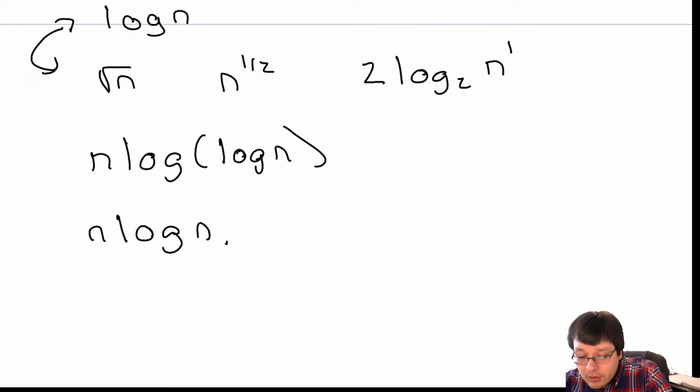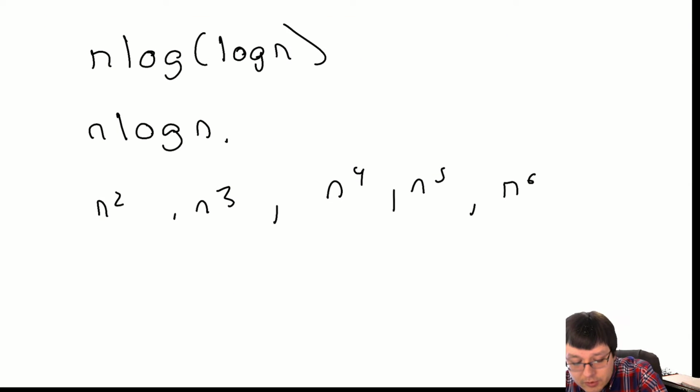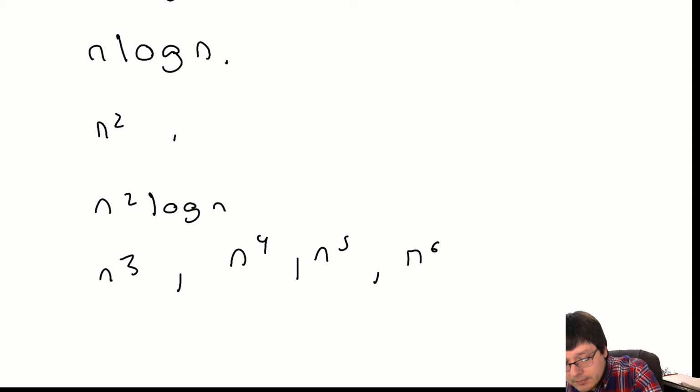From there, you can go to n squared and all the powers, n to the 4th, n to the 5th, n to the 6th, and so on. Although sometimes you will see something like n squared log n, I guess. So maybe we'll put all these down here instead. At this point, it gets so big that a log n is irrelevant, just like a constant would be.